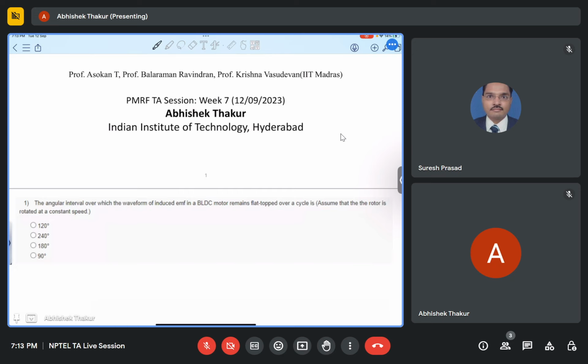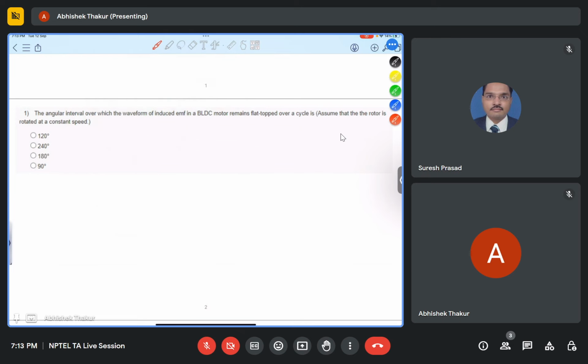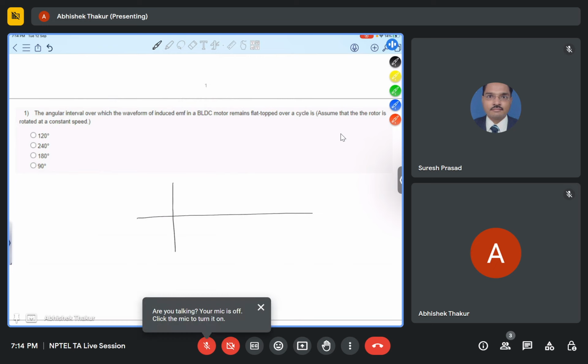As we have studied, for the EMF versus time plot of the three-phase winding system, for 120 degrees the induced EMF remains flat topped over one complete cycle.